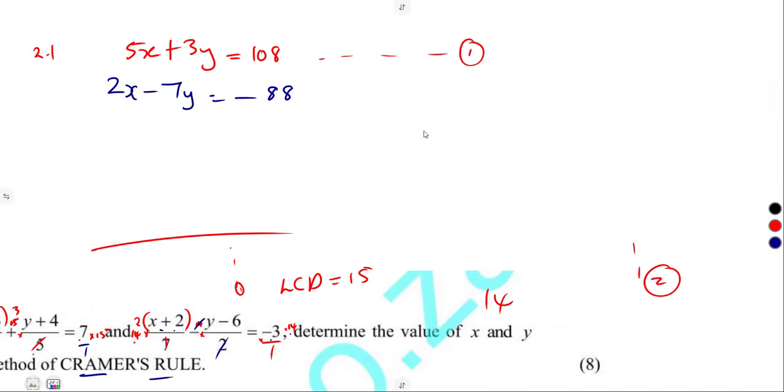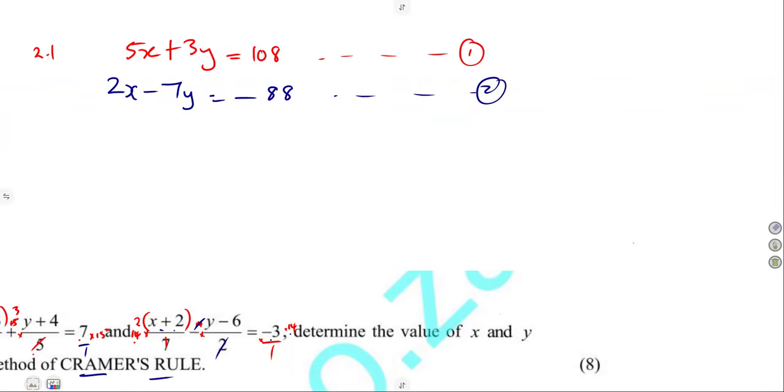So that is what you're going to have, guys, and we can simply use our Cramer's rule to solve for x and y, since we do understand x is going to be delta x over delta naught. That's two unknown values that you are having. So that's as easy as that. And y is going to be delta y over delta naught.